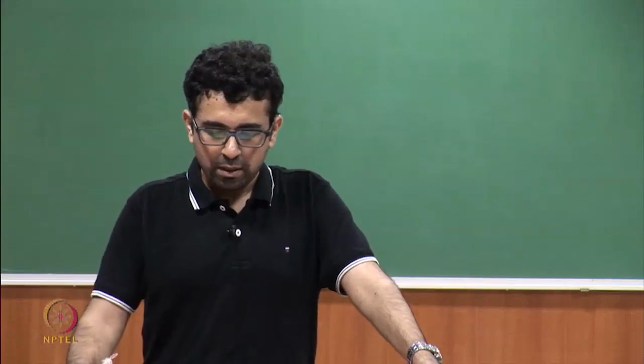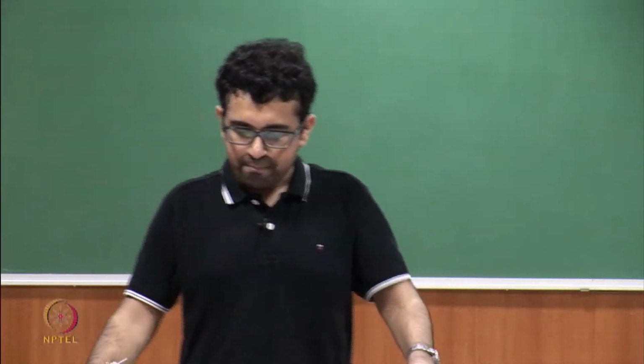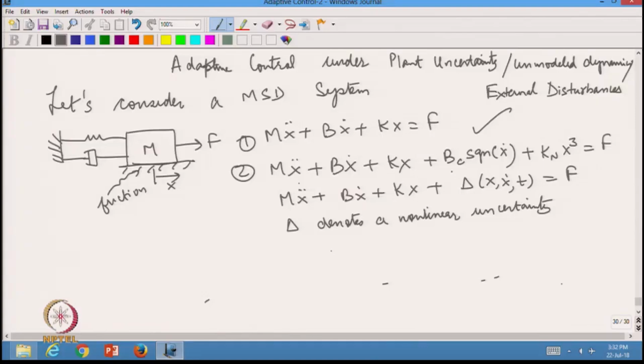So, we have to look closely here. So, this delta consists of the Coulomb friction term as well as this nonlinear spring term. So, what we know here is that this is indeed the Coulomb friction, and we have modeled it like this, and the nonlinear spring has this cubic term in it. The constants Bc and Kn are in fact unknown, but their signum of x dot and x cube are things that we know.